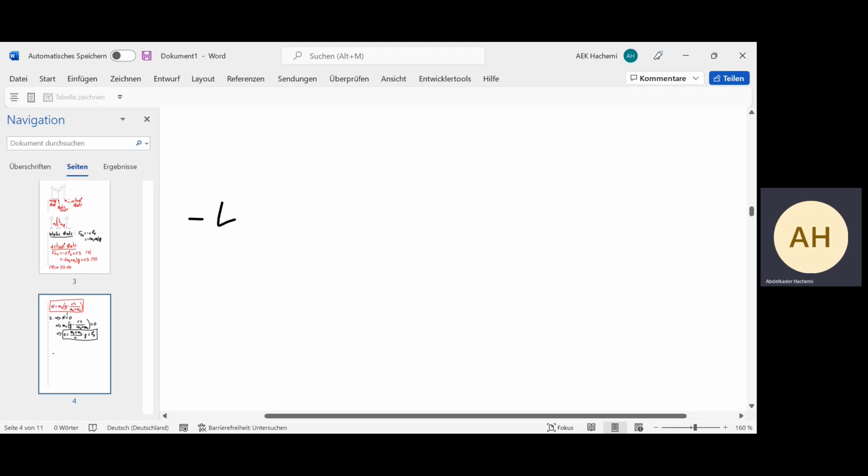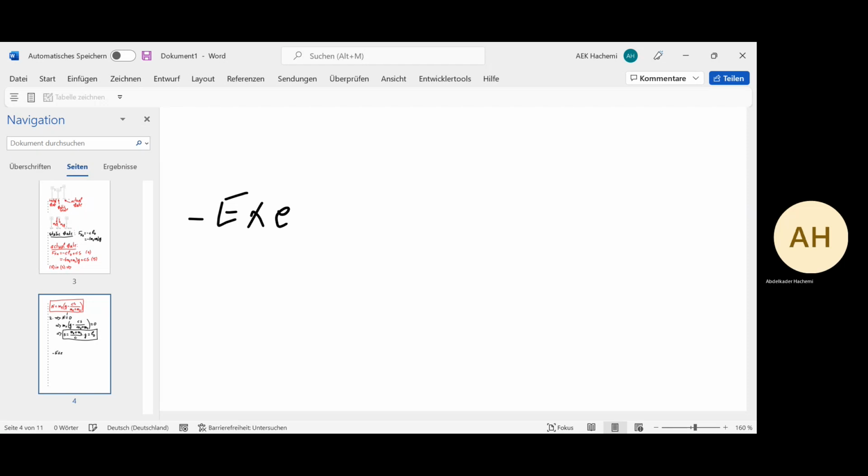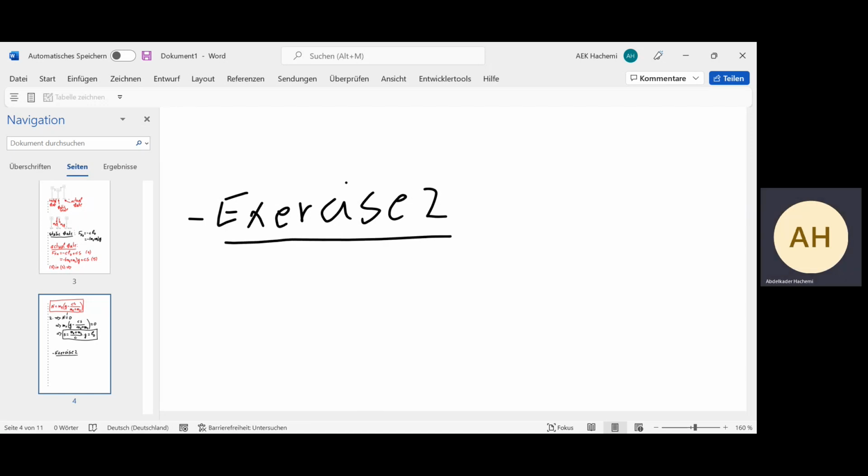I make exercise 2. We look which forces are acting on the system, let's say. Then we take here D'Alembert.